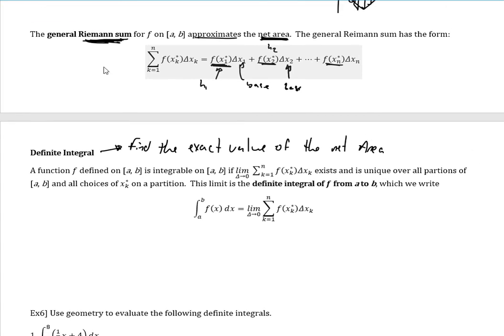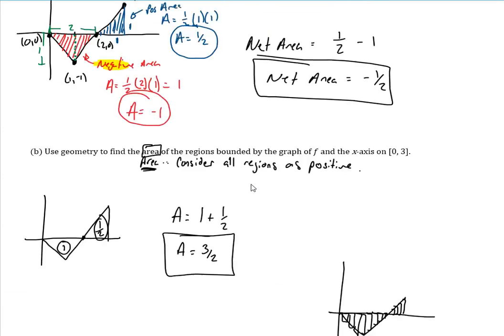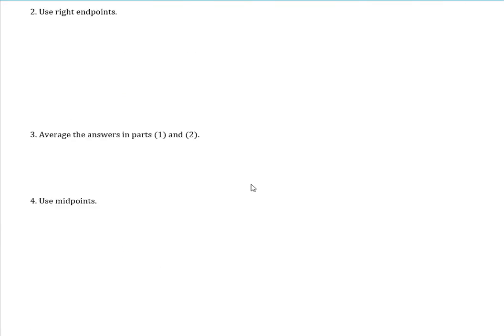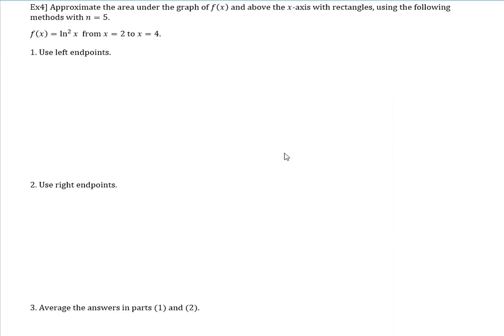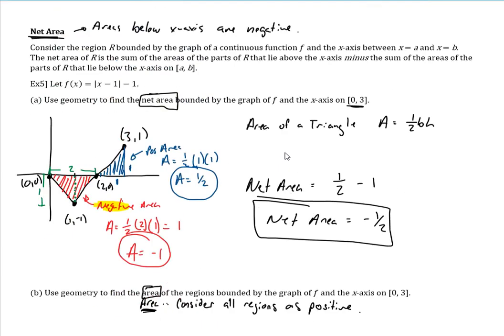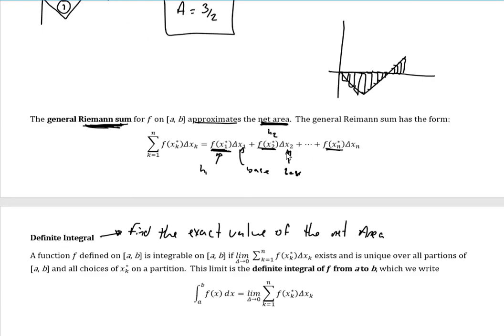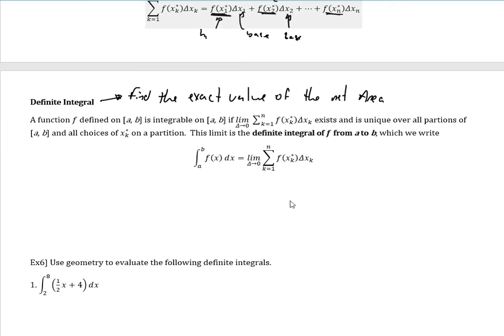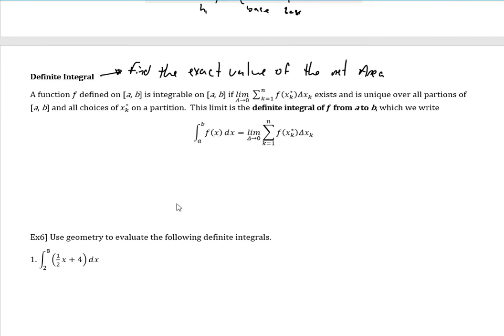The Riemann sum only approximates it. Like in these videos, we did the Riemann sum, and these were just approximating the net area. The definite integral, what we're about to do, does the exact value, so it's more accurate. It's also faster, so it's a double bonus.